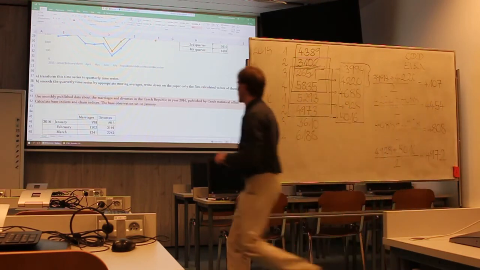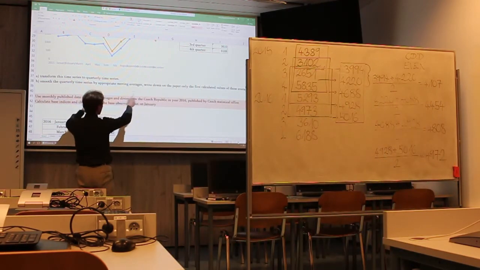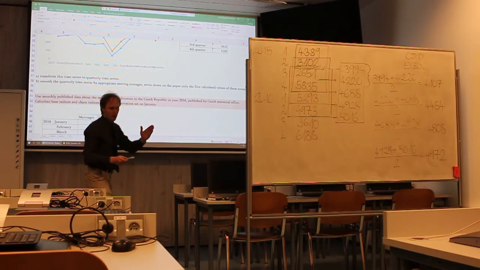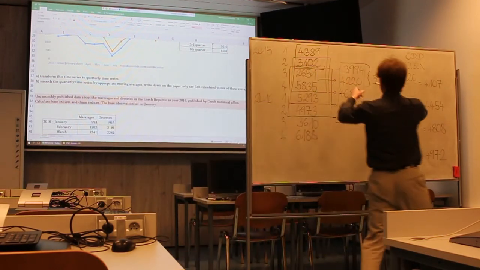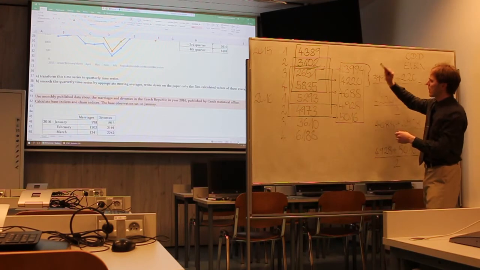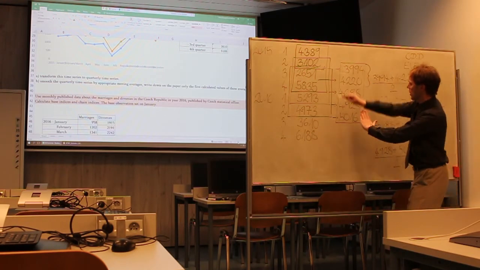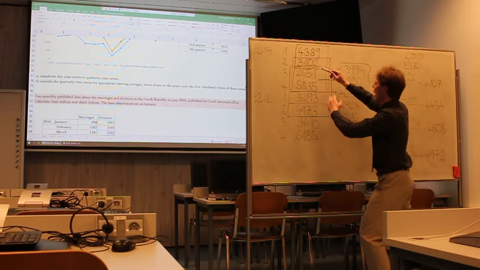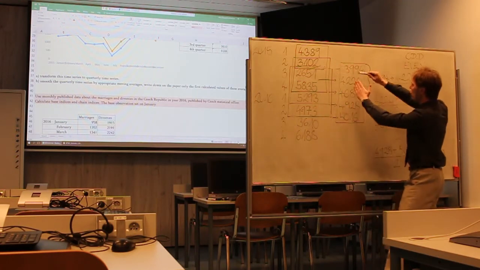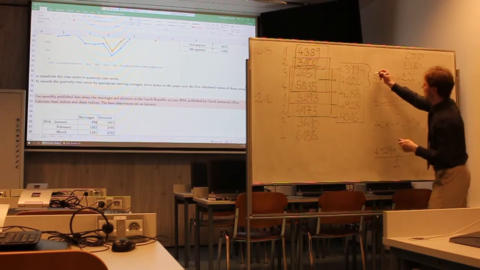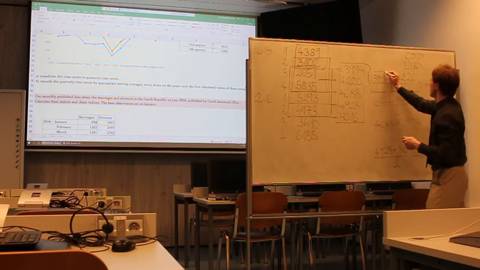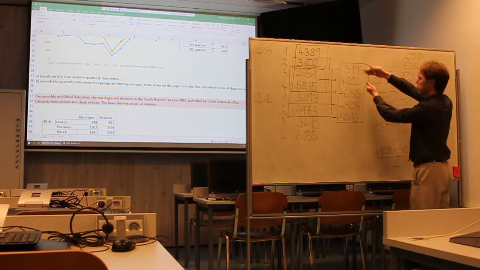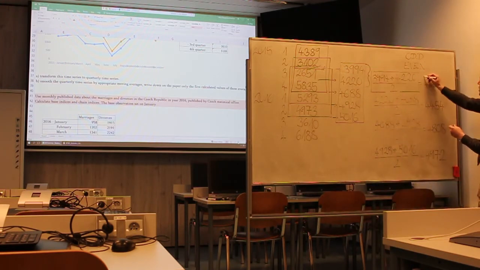Most students write on the paper the first calculated values, these values: first value, second value, third value, fourth value, but this is wrong. This is wrong because we don't have a median position here, so we must continue and calculate the simple average, the simple mean between two neighboring values, and this is the final result.